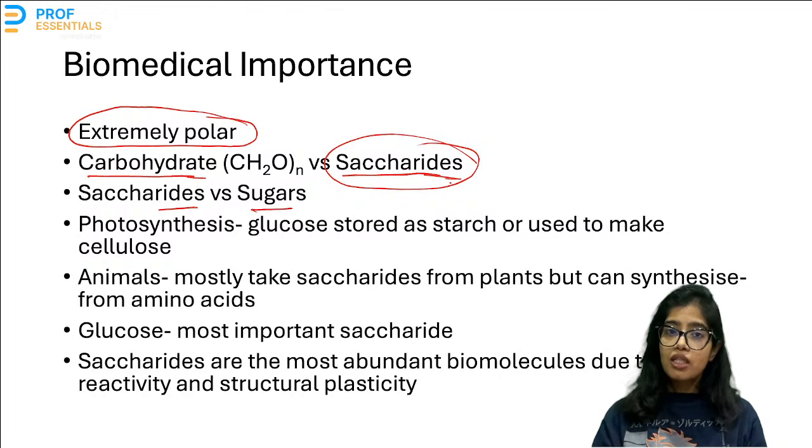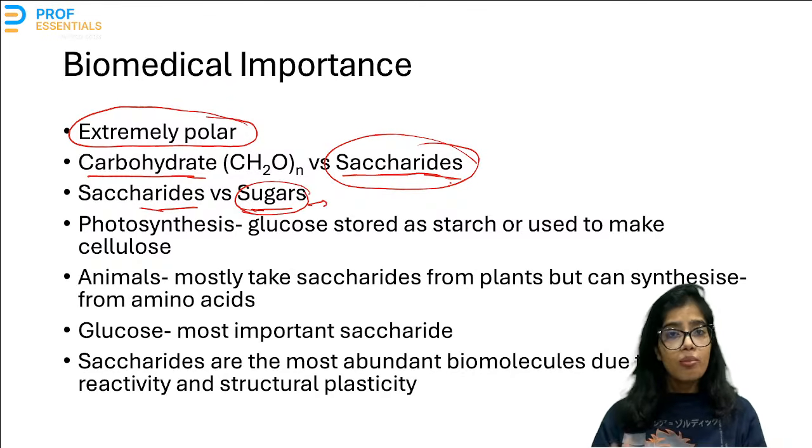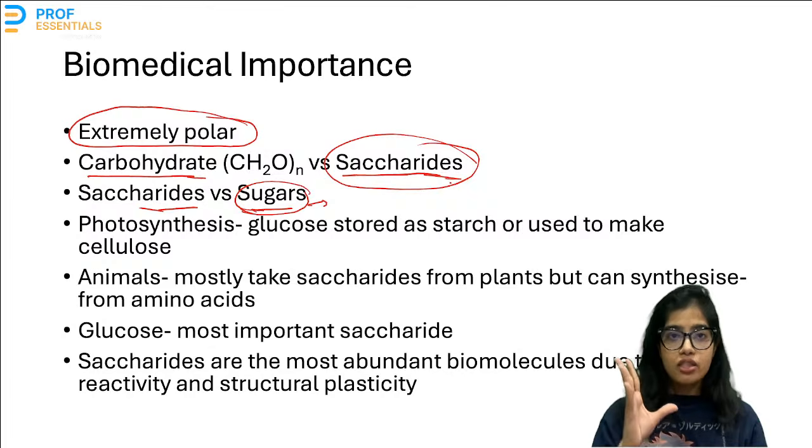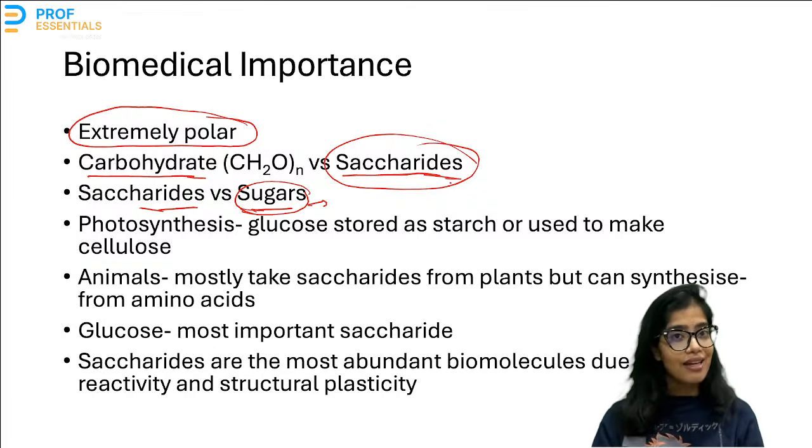Saccharides mean sugar only. But sugar has come to refer to something sweet, or basically the table sugar, that is sucrose. So sugars might sometimes not strictly refer to all the saccharides.